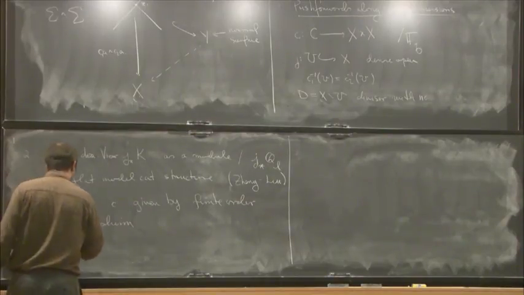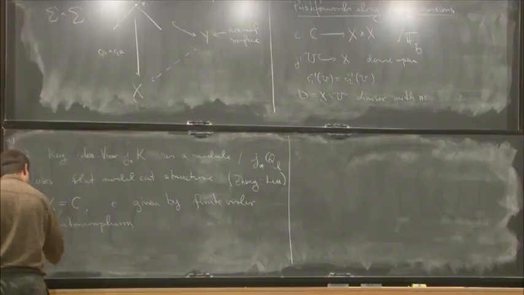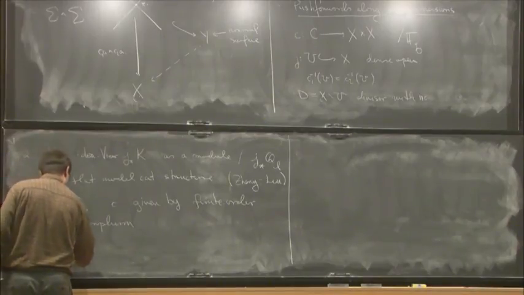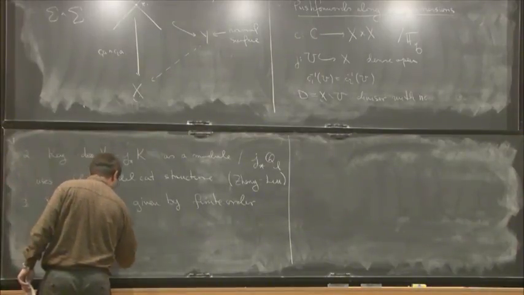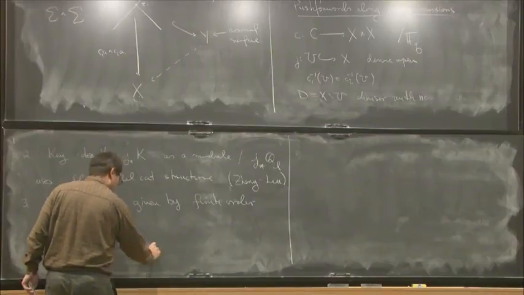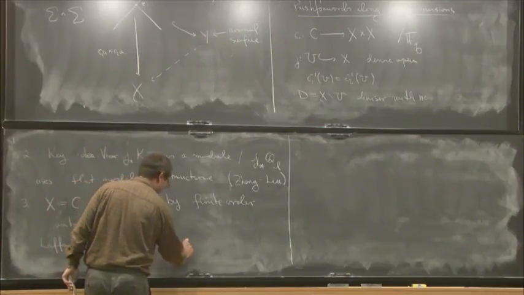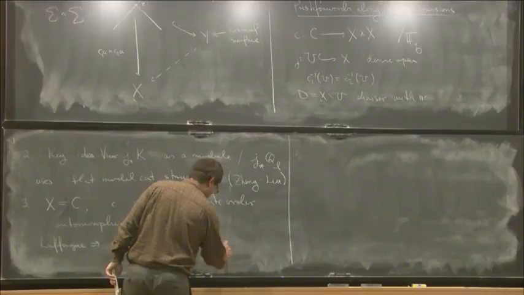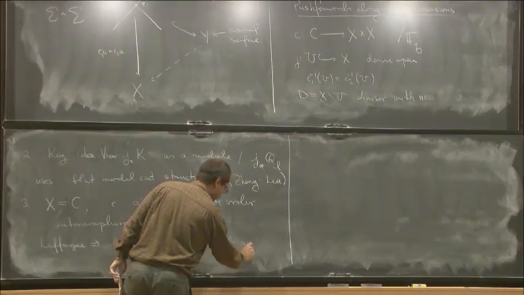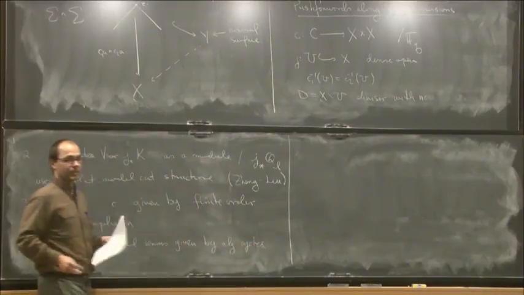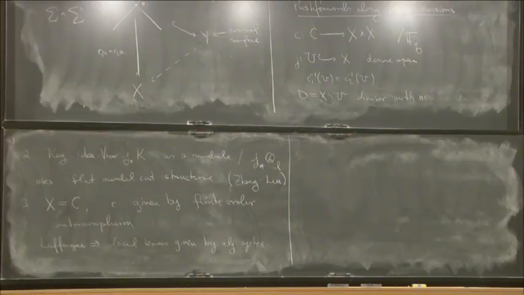Laforgue implies that the local terms are given by algebraic cycles, which actually enters into the proof in some key ways.